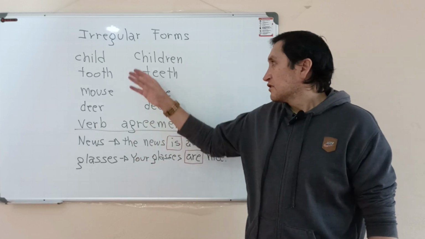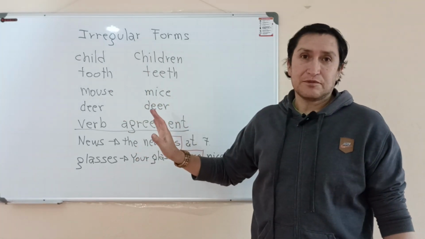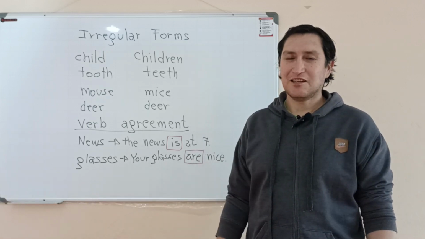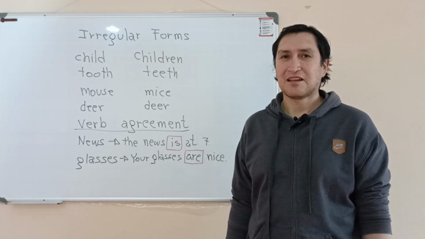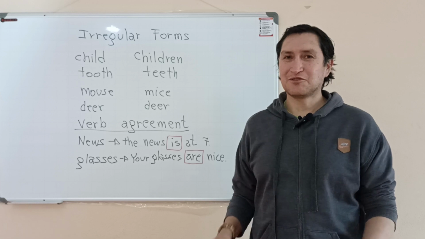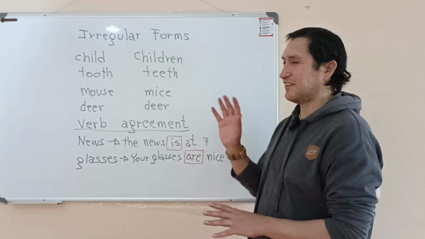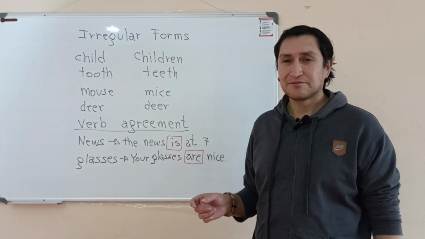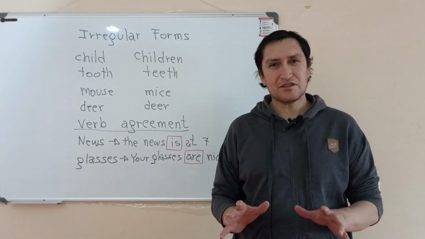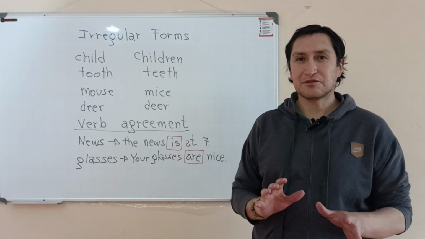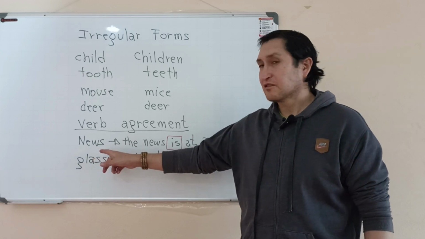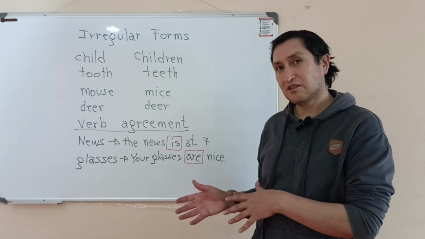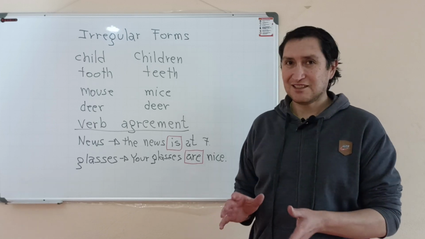Okay? So these are examples, of course. You are going to face many words like this sometimes, so you have to take this very carefully sometimes, no? Verb agreement means that some words could be a little bit confusing. Okay? News ends in S, so probably we can think that this word is plural, but actually it's not.